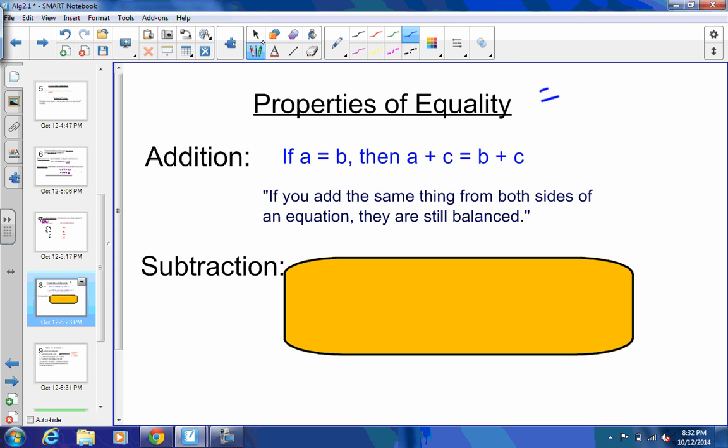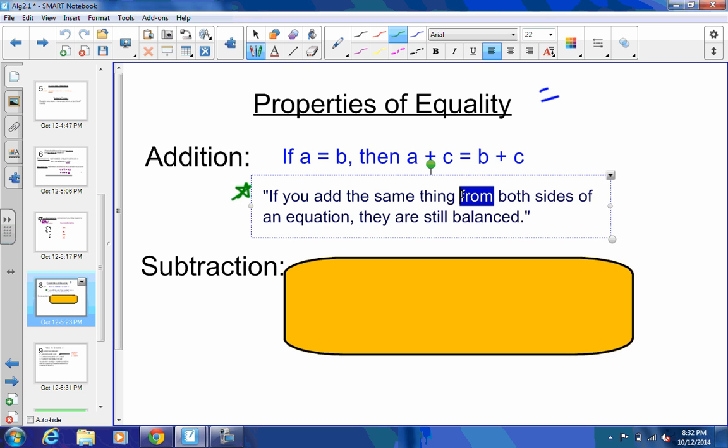In other words, I really want you to focus in on, if you want to put it into words, if you add the same thing to both sides of an equation, then they are still balanced. So I'm going to change this to 2.